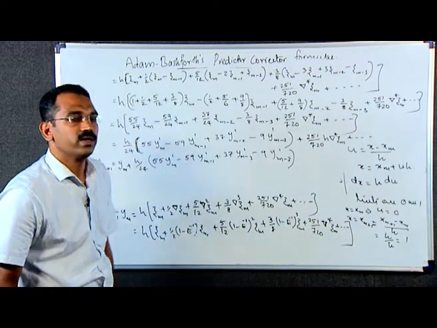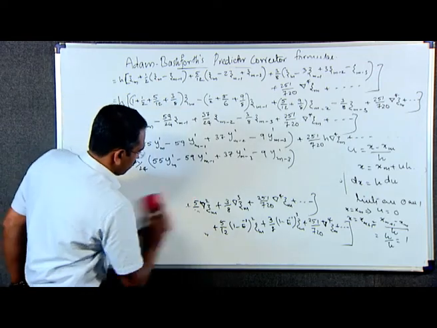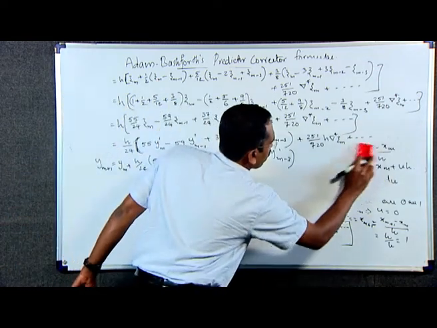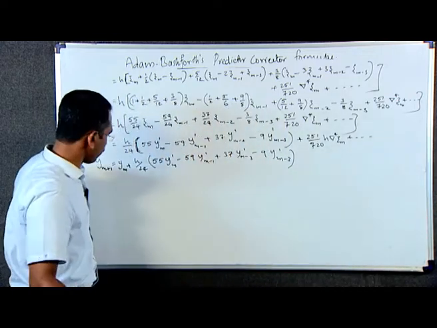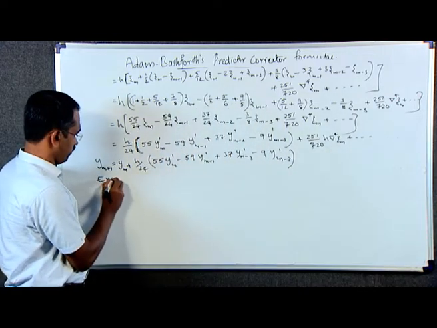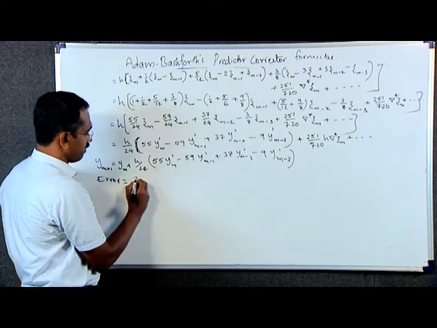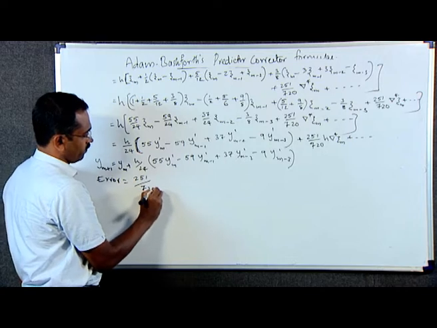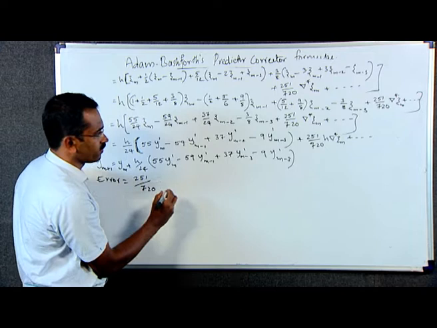Here the error of approximation is 251 divided by 720 h into del raised to 4 ym dash.